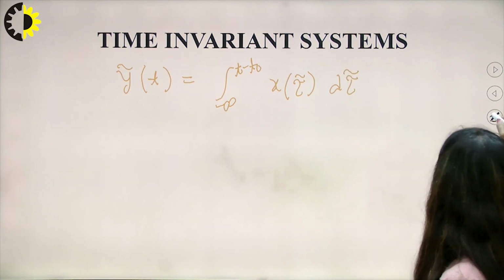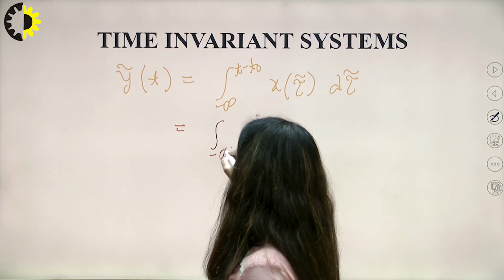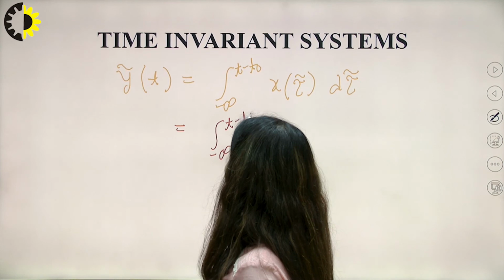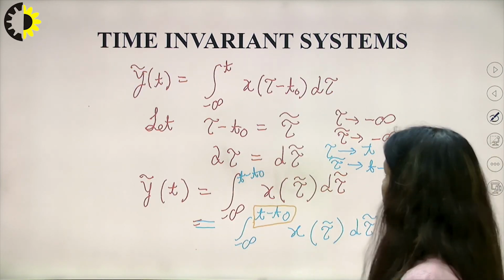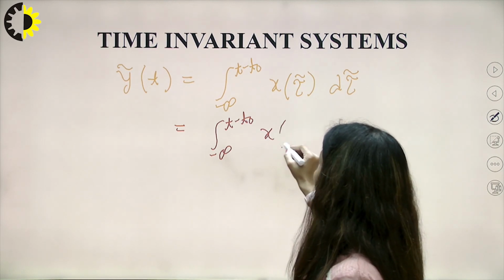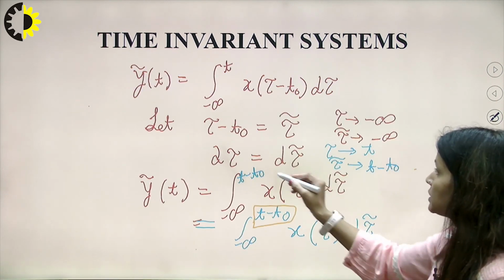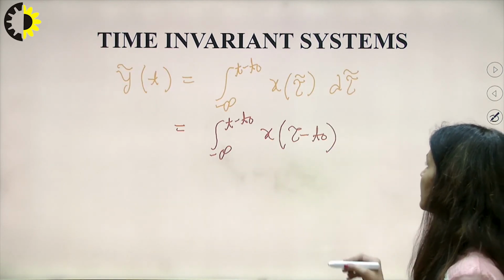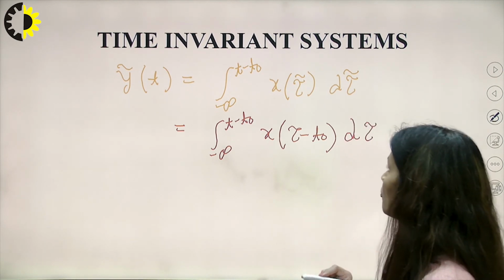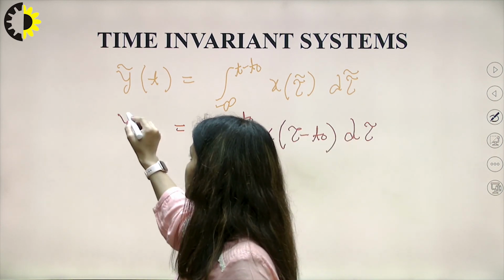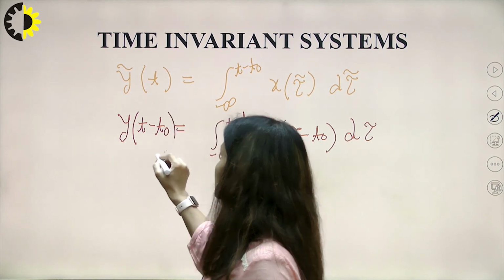So what I can say is this is minus infinity to t minus t naught. Since tau bar is nothing but tau minus t naught, x(tau minus t naught) d tau is the same as d tau bar, and this is nothing but y(t minus t naught).